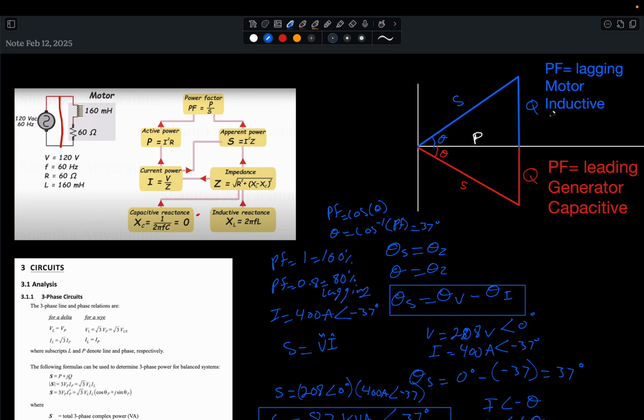So maybe I should just write this down here so people can see: lagging, negative theta. I'll go ahead and change the font just so we can stay consistent.